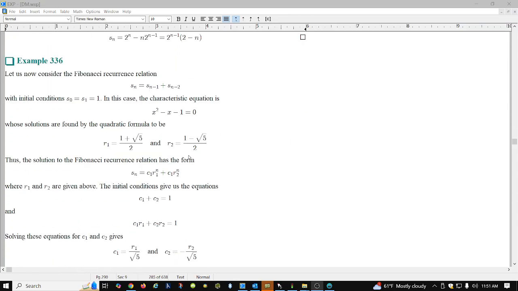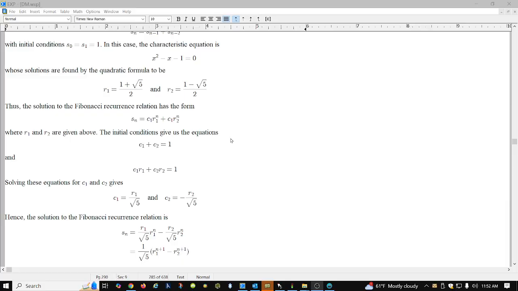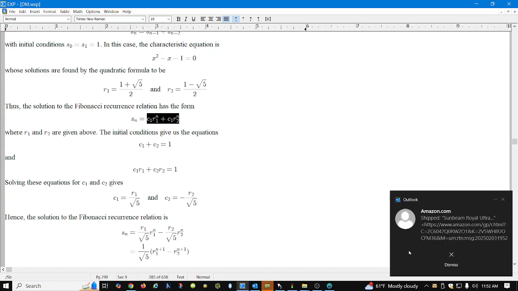Anyway, let's consider now the Fibonacci recurrence relation. That's this one, with these initial conditions. This is the characteristic equation. Solutions are these two. It's beginning to look a little nasty. So the solution to the Fibonacci recurrence relation, this is the general solution to the recurrence.